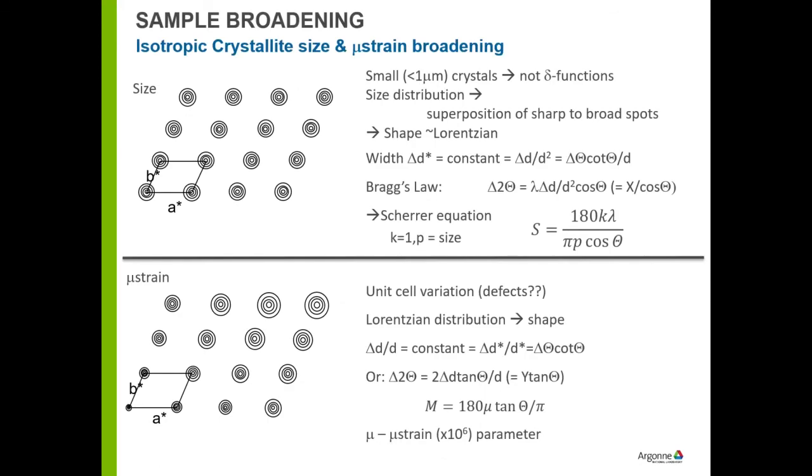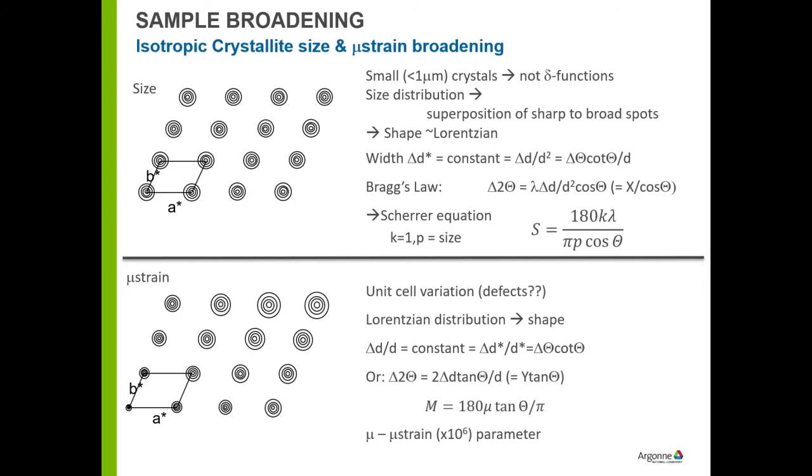Okay, sample broadening. Reciprocal space is the Fourier transform of real space, and if the real space is infinite in extent, and by the way, infinity in crystallography is around 10 microns, okay, small infinity, then what you see in reciprocal space will be an array of delta functions, infinitely sharp.